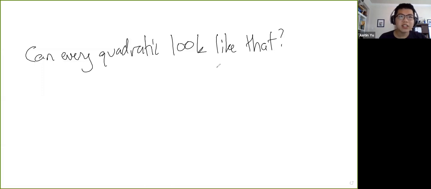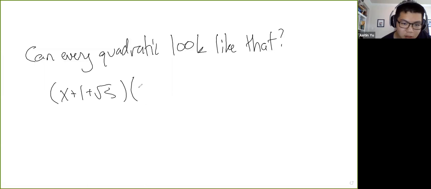And the answer is actually yes, except it doesn't always look nice. So it turns out if you do the math, that x plus 1 plus root 5 times x plus 1 minus root 5 is going to be equal. Whoops. Oh, no. Don't crash, don't crash.